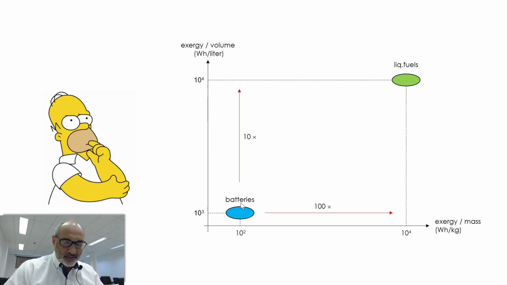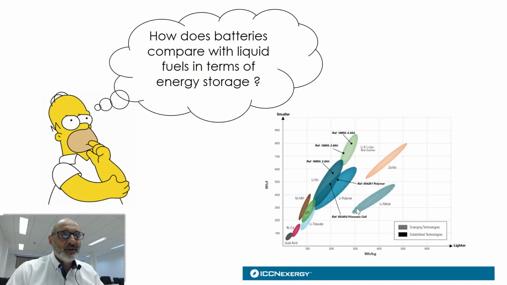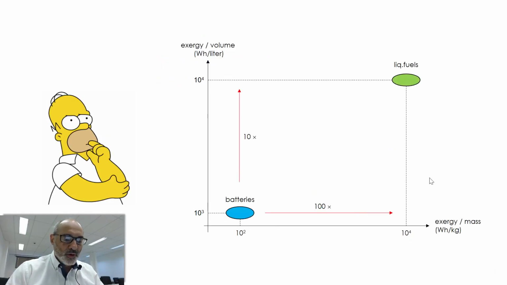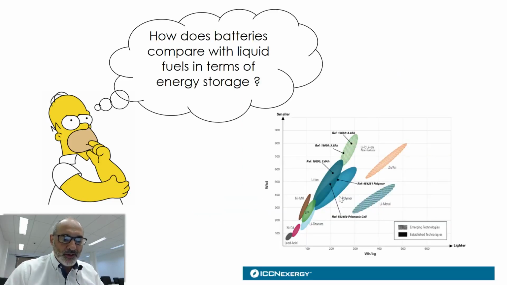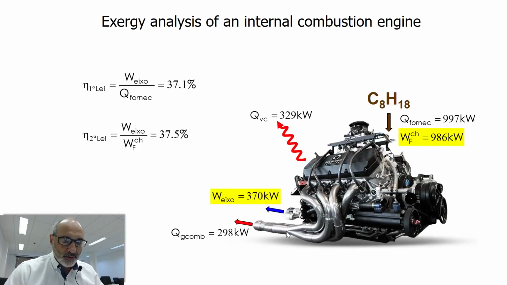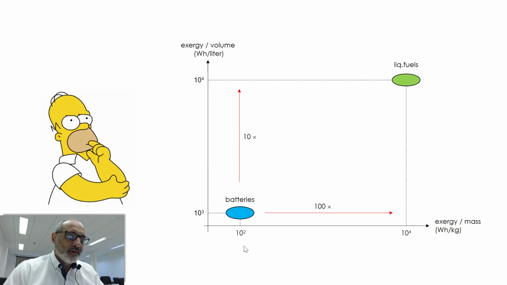All those batteries that were shown in the previous slide will fall in this region, and liquid fuels will fall far beyond here. For batteries, just to have a number, it's 100, 200, 300, 400 watt-hour per kilogram.